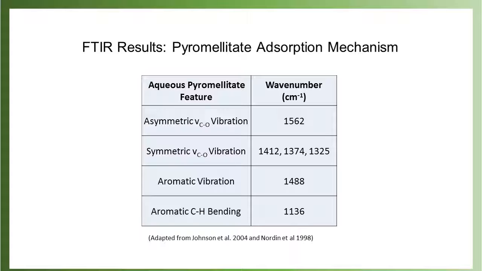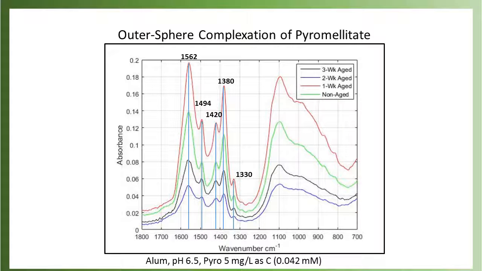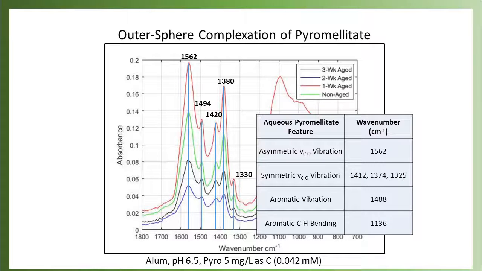If we look at the FTIR results for our adsorbed pyromellitate case, we see something that matches pretty well with the fingerprint of the aqueous pyromellitate in solution. So we have that 1562 vibration, that series of 3 symmetric vibrations here, and that higher aromatic vibration.